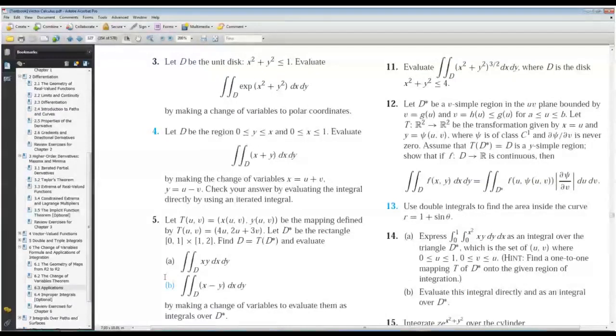Do I plug in 0 and 0, and then 0 and 1, and 0 and x, and x and 1? Yes. That's the part that I wasn't sure about. I see. Okay.